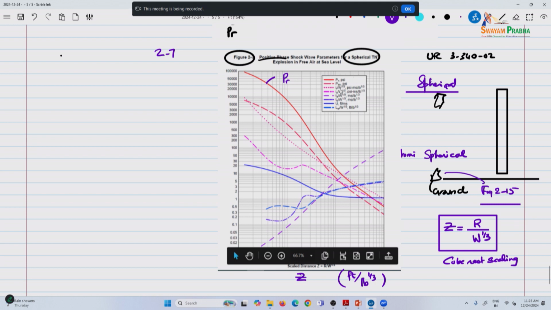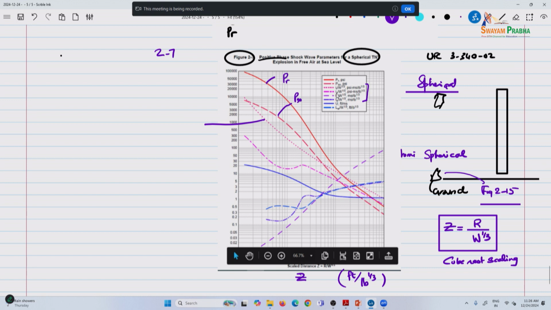The second one, if you see, is PSO, the incident pressure. Then there are four quantities next, and these are in terms of scaled values. This is the reflected impulse, and this is the incident impulse.